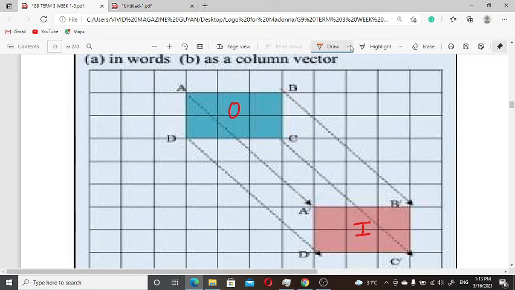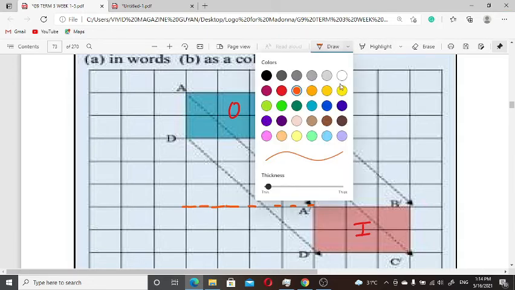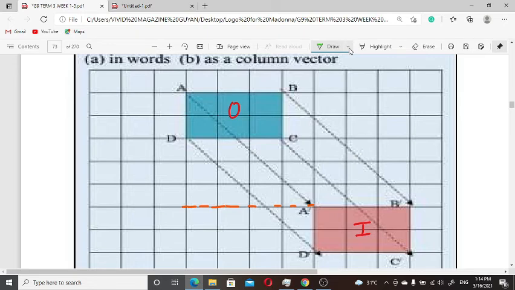I'm trying to find a way where you can see everything very clearly. Actually, I'm going to stick with A. I'm going to use orange to go across there, and I'm going to use this green to go up.